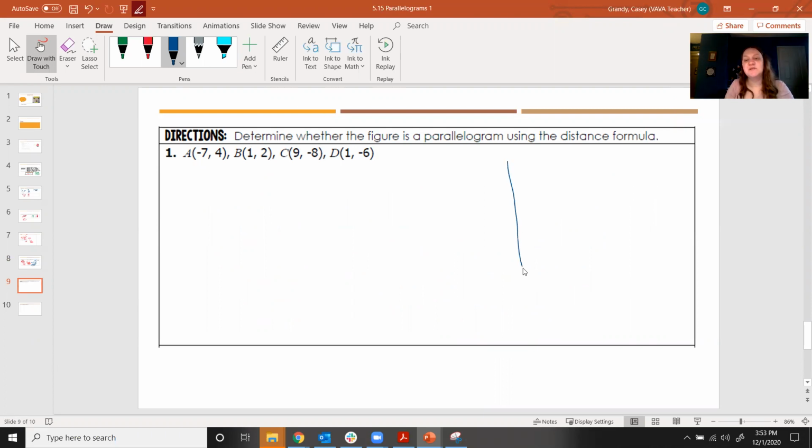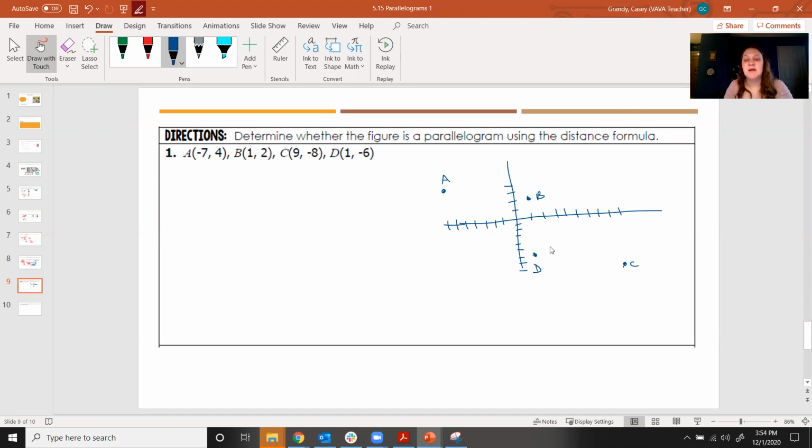You can use a piece of graph paper if you want to, or you can just sketch it. (-7, 4), (1, 2), (9, -8), and (1, -6).